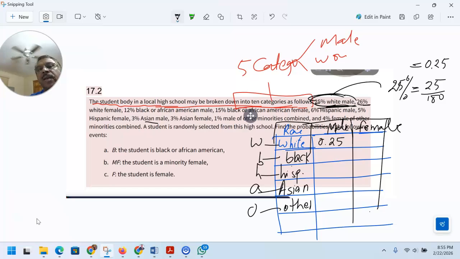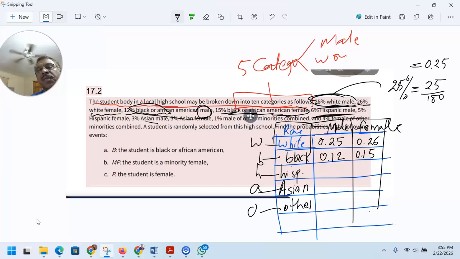The next one is 26% white female, so that will be 0.26. Next, 12% is black male, so that means 0.12, and 15% is black female, so that's 0.15.